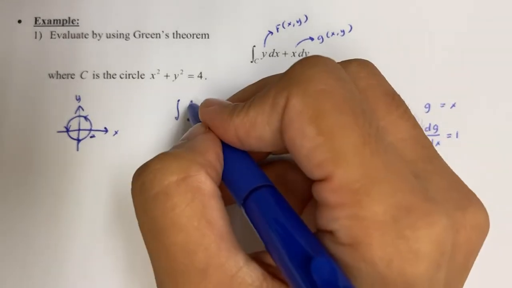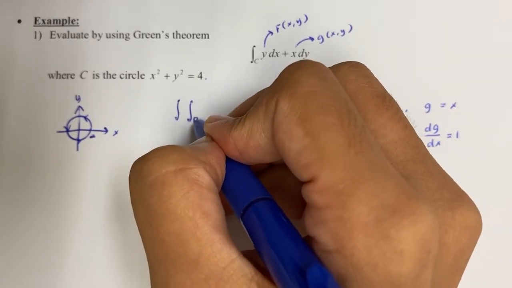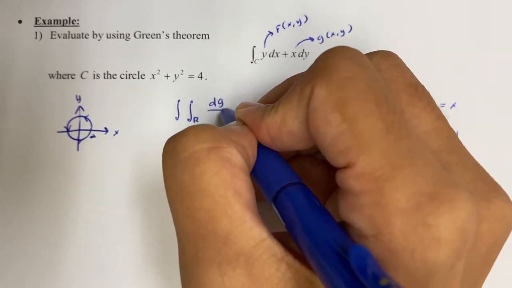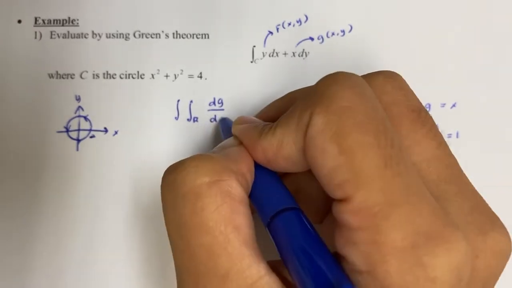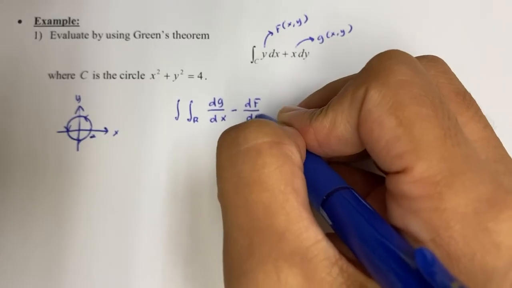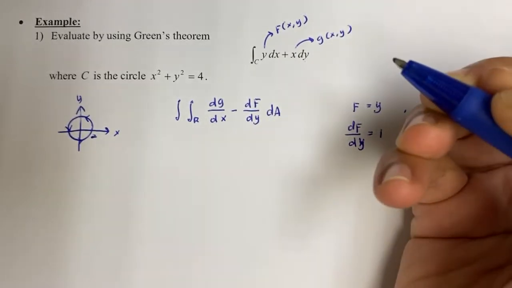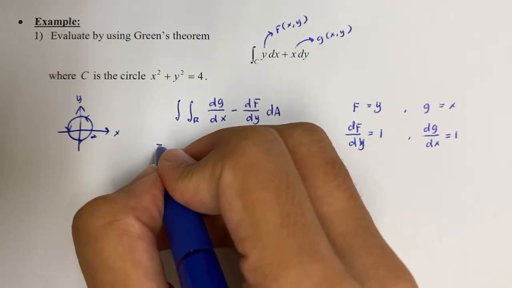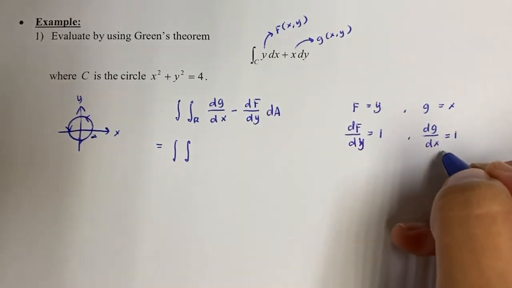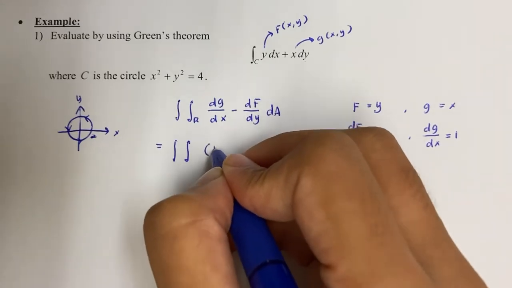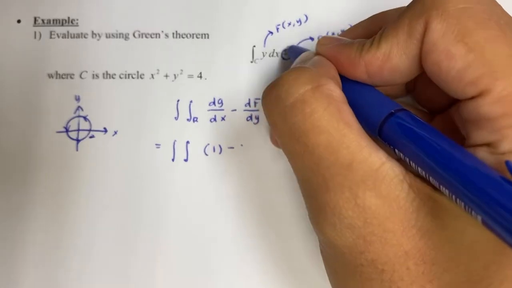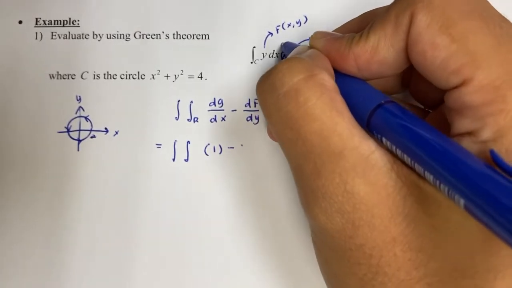For Green's theorem, we have the double integral over R of dg over dx minus df over dy, and then we have dA, the area. So in our case here, we have the double integral, and our dg over dx is equal to 1. Minus with, okay, sorry, this should be minus, or else we will get 0. So sorry, this is minus.